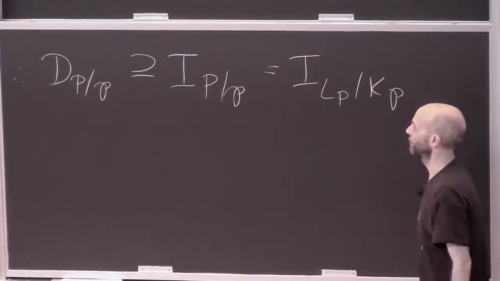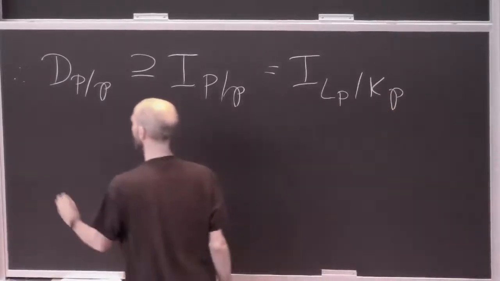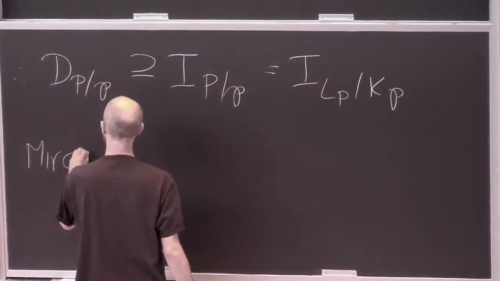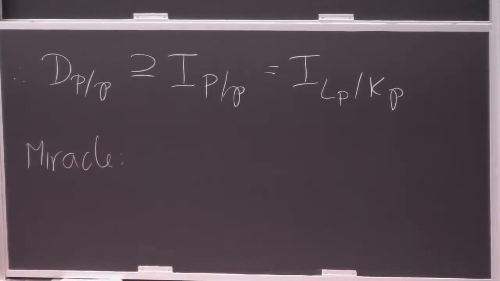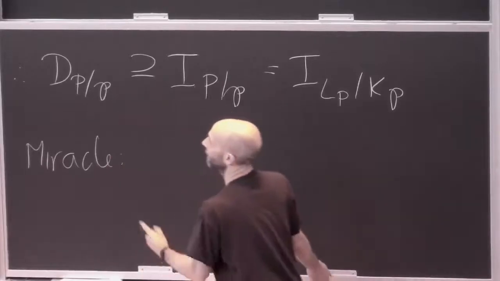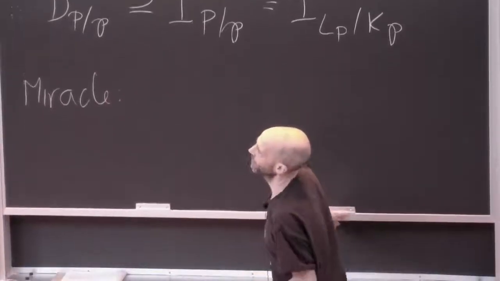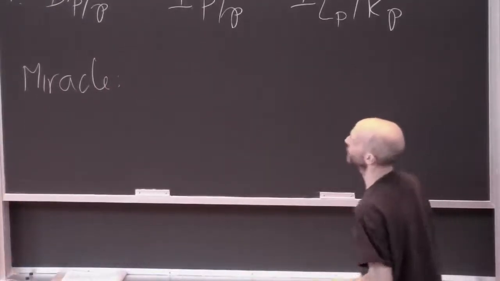There's the inertia subgroup, and the miracle is, in this global situation of number fields L over K, we have a global discriminant.